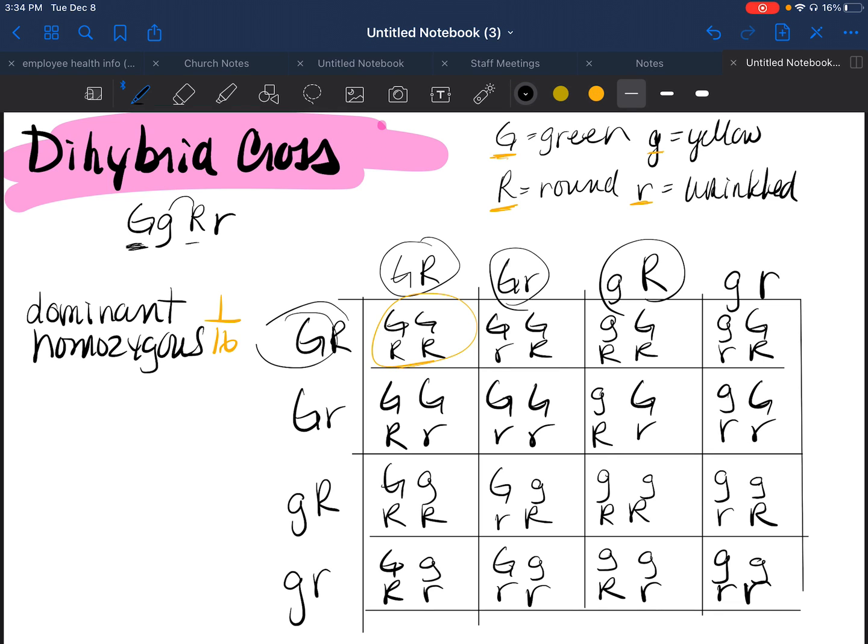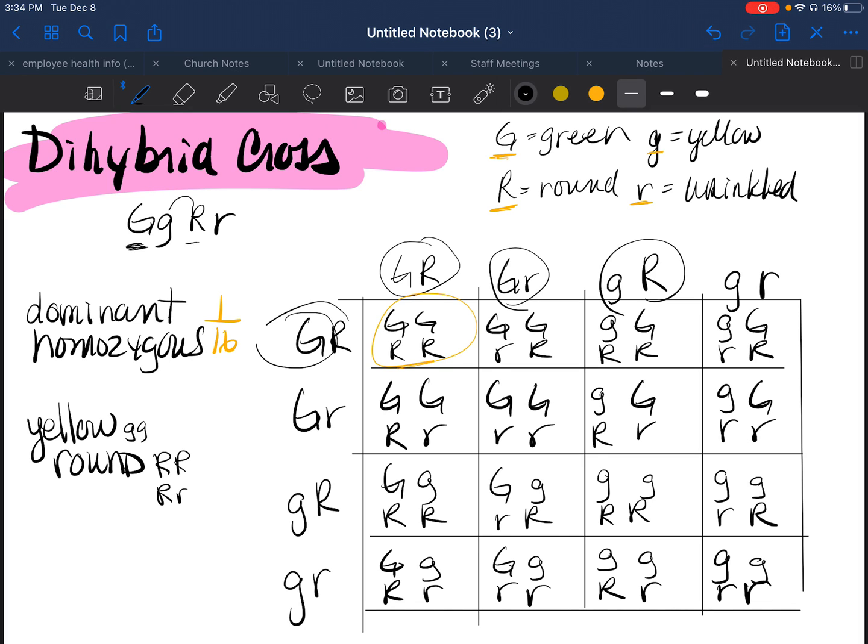Now, what about if we want to know the probability of having a seed that is yellow but round? Okay, so now you're looking for two different things. You're looking for yellow, which would be little g, and then you've got to look for round, which would be either, because this is the dominant trait, big R, big R or big R, little r.